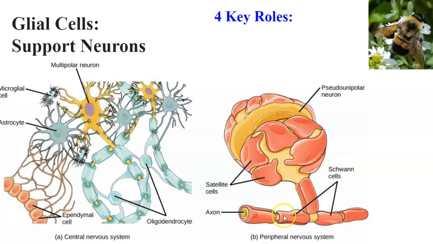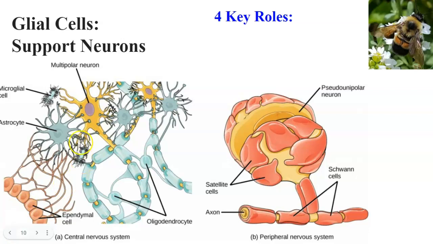Schwann cells wrap along the long skinny part of neurons called the axon and help give it extra support and help transmit the signal a little more efficiently. All right, so interruption 2 taken care of.